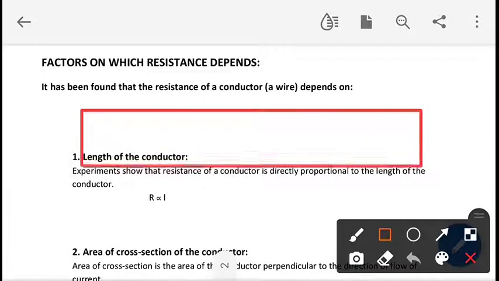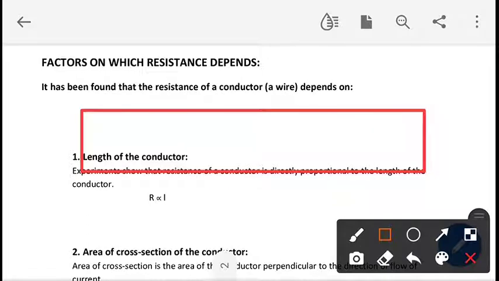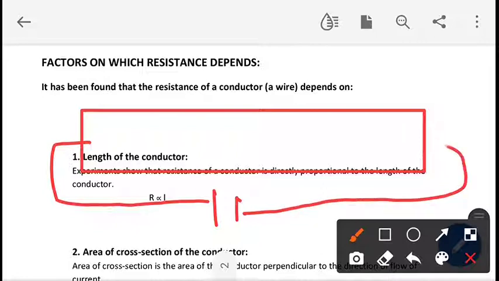I have drawn here a conductor, and you can consider a battery over here. For the time being, suppose it to be a battery. I've connected it like this, and current is flowing.